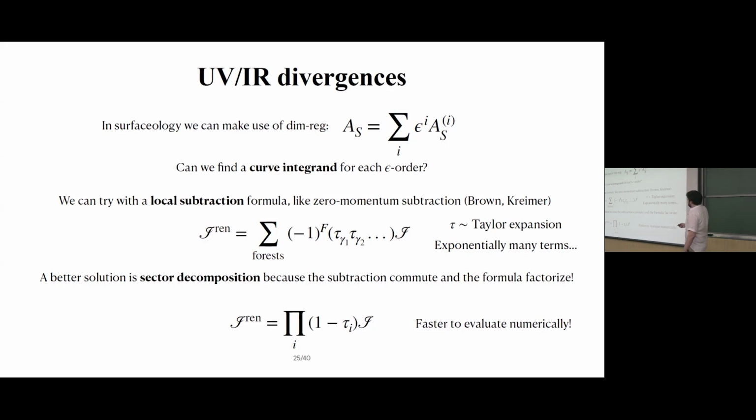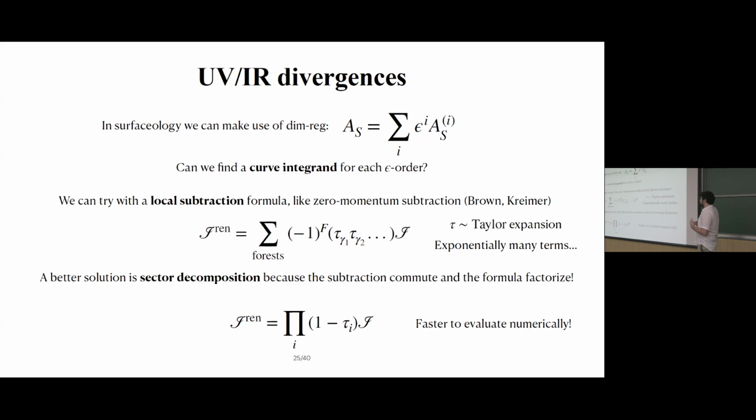So we could try to apply the type of local subtraction formula that exists to compute these orders. For instance, an important one is the zero momentum subtraction in parametric space as formulated by Francis Brown and Dirk Kreimer. However, this type of formula involves a sum over all the forests that belong to a graph. So there are secretly exponentially many terms in this integrand. So this is not a very good integrand to evaluate numerically.